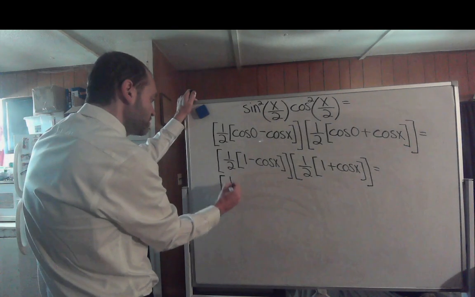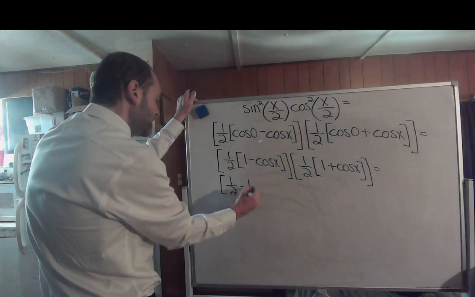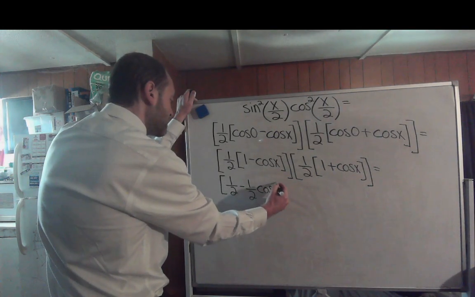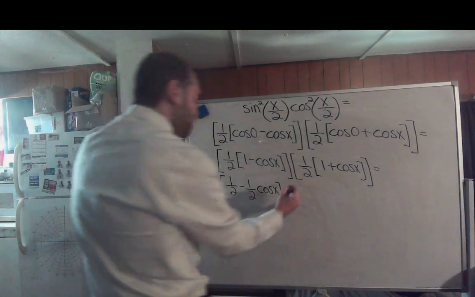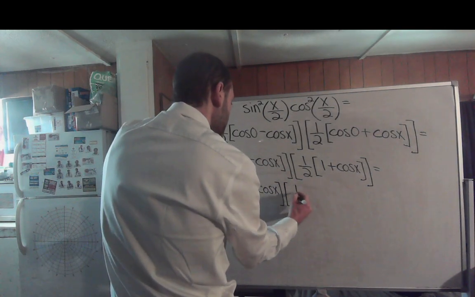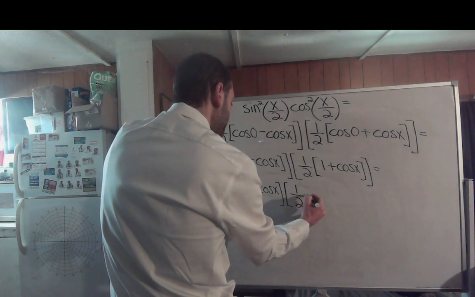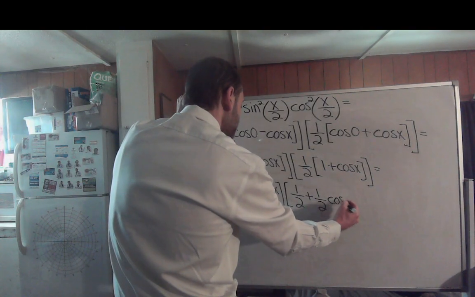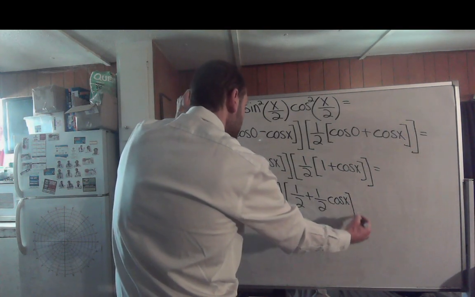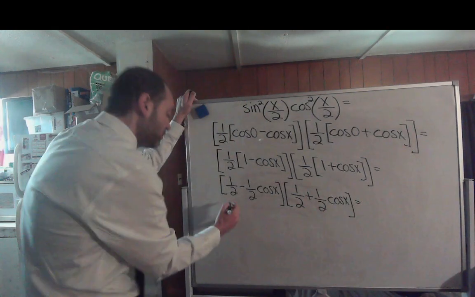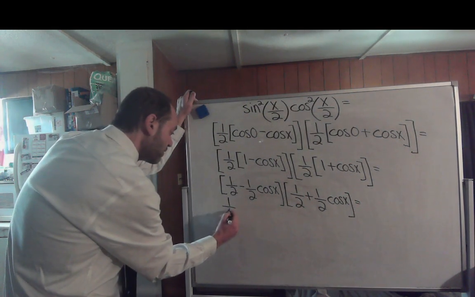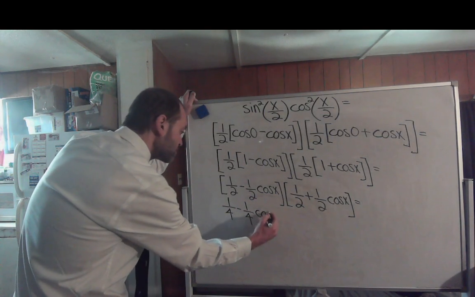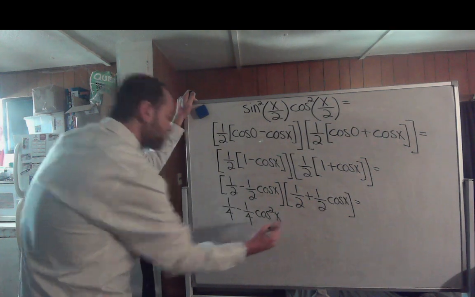This would turn into 1/2 minus 1/2 of the cosine of x times the quantity of 1/2 plus 1/2 of the cosine of x. Which when you FOIL, you'll end up getting 1/4 minus 1/4 times the cosine squared of x.